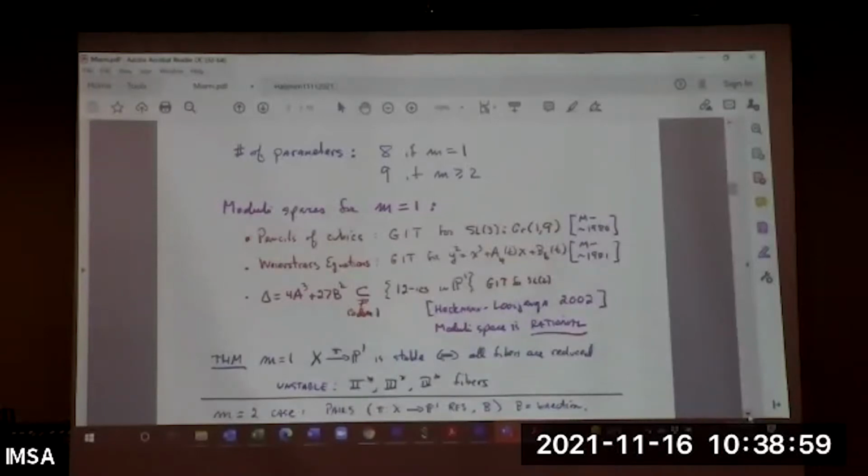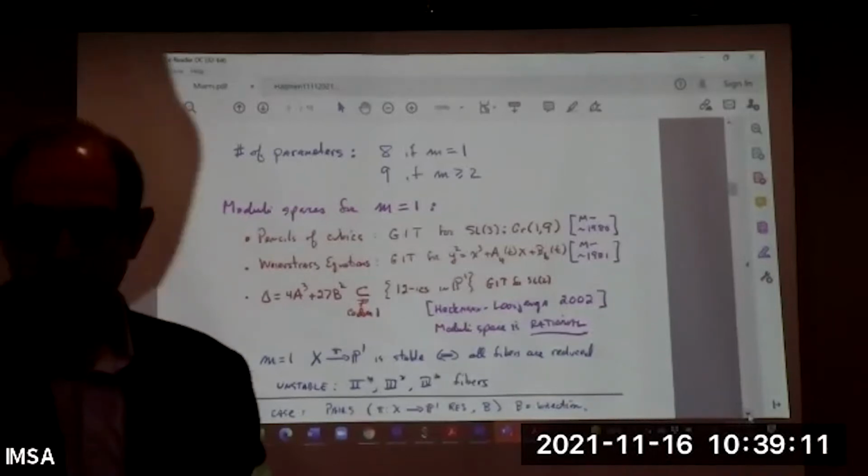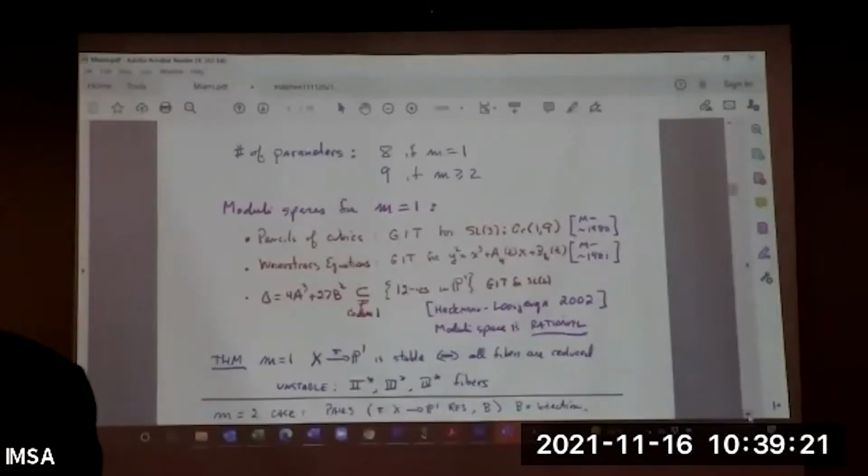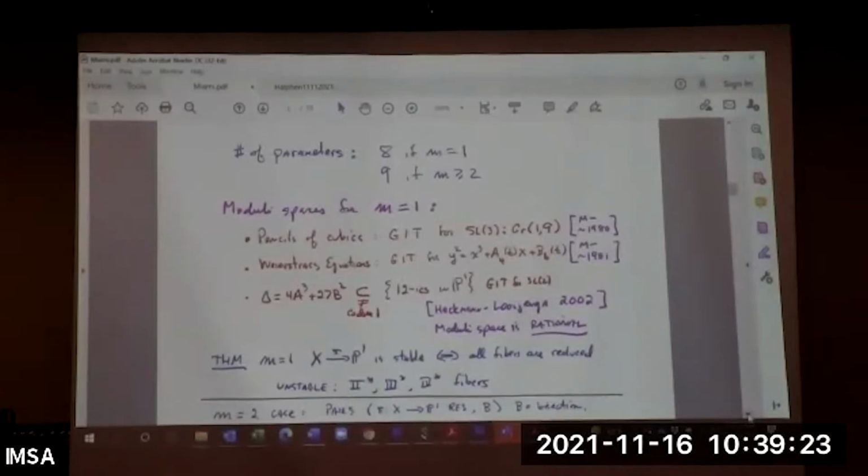First, I looked at pencils of cubics, this Grassmannian of lines in the P9 of cubics, and I calculated which ones were stable in the sense of geometric invariant theory for the natural action of the automorphisms of the plane lifted to SL3. And I got an answer, and the criterion for stability involved the existence of bad singular fibers. I'll mention that in a moment.